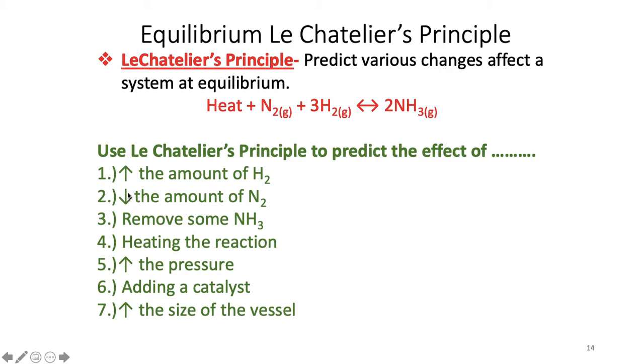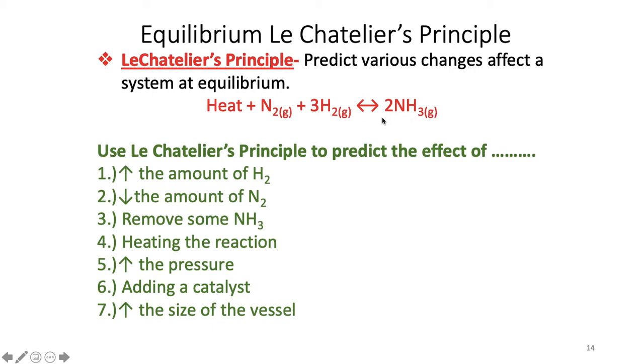Let's look at what happens if I decrease the amount of N2, or any of my reactants. If I decrease the amount of N2, the reaction is going to proceed in such a way to make more N2. So once again, it's the opposite effect. To make more N2, the only way is by taking NH3 and breaking it down. Basically, the reverse reaction will occur.